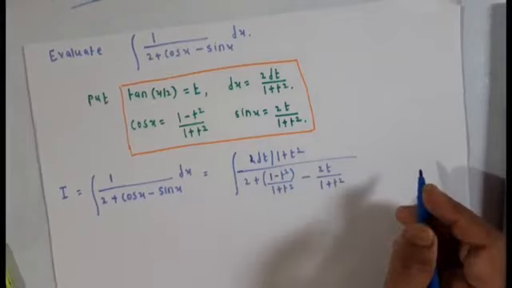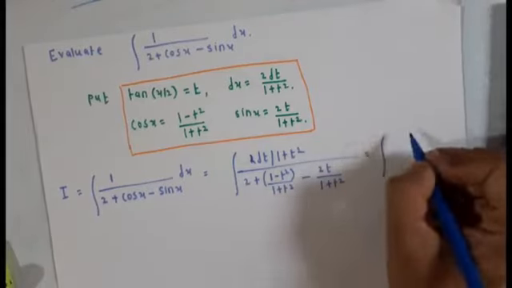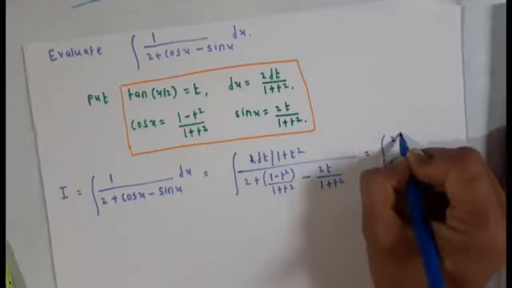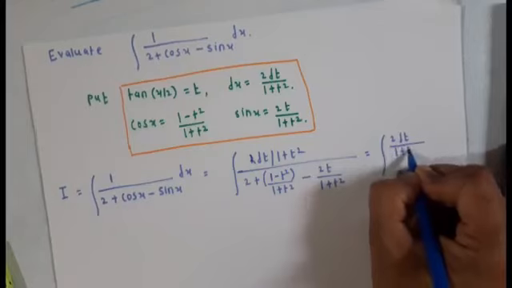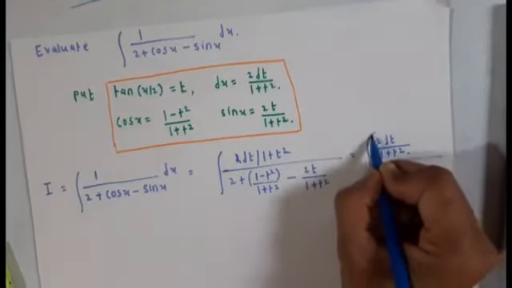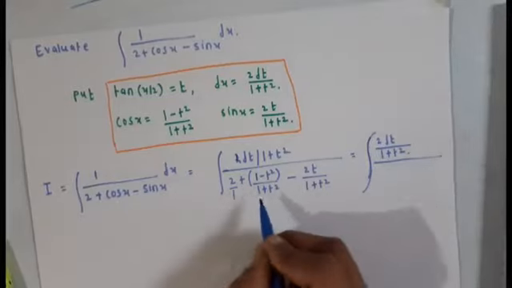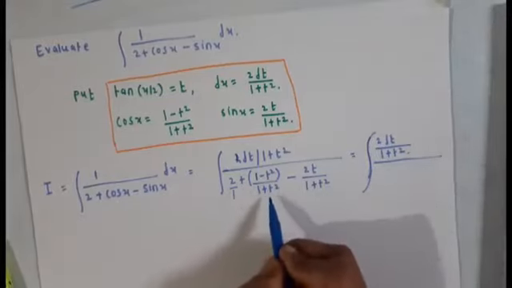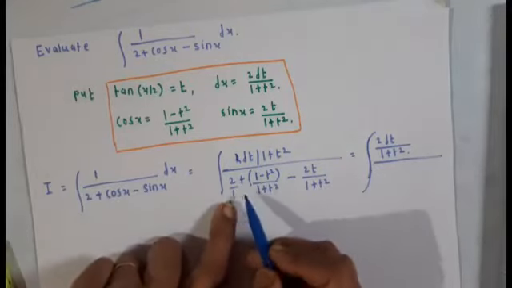Okay students, now simplify the terms. That is equal to integration of 2 dt upon 1 plus t square, divided by... So here at the denominator we have to take the LCM, that is 1 plus t square, because 2 by 1 is there.